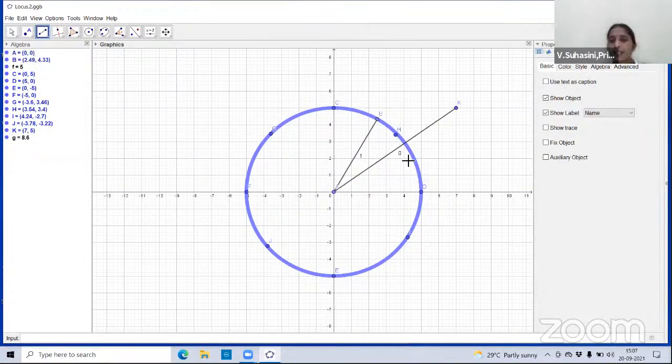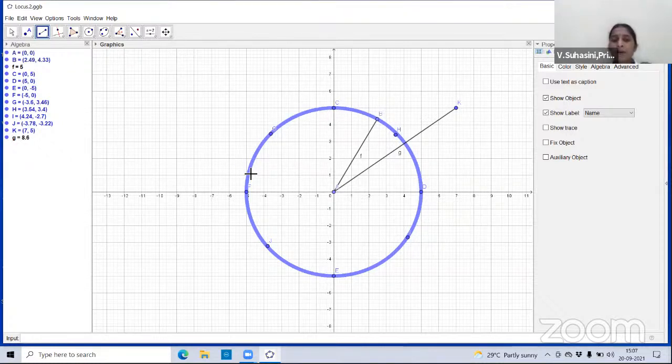Look at the distance of G, children, it's 8.6. That means G is not following the geometric condition that the distance of this point from A should be 5. It is not following the rule. Then where is it? Outside. If it is not following the rule, it should be outside the locus.